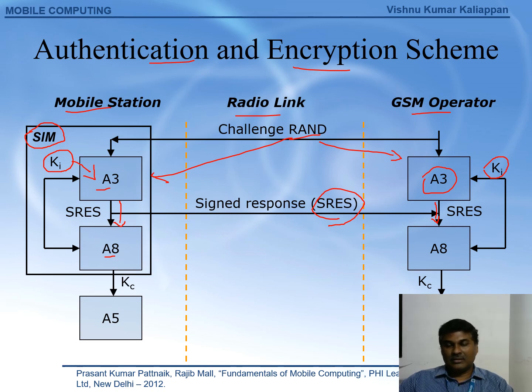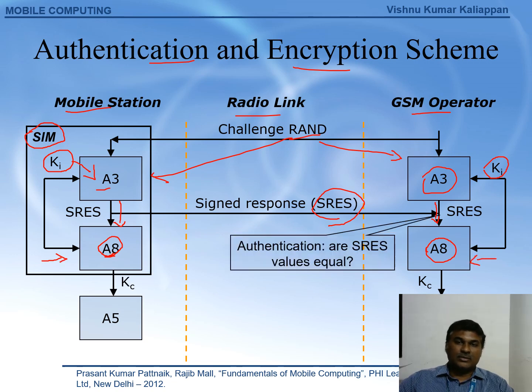This SRES will then be given to the A8 algorithm. In parallel, in the mobile station also, the same SRES is given to the A8 algorithm, but the key for both A3 and A8 should be the same. Once the authentication succeeds and both SRES values are equal, that value is given to the A8 algorithm.